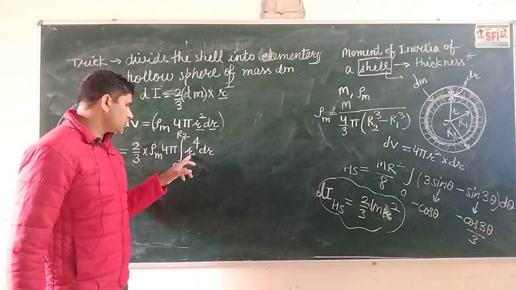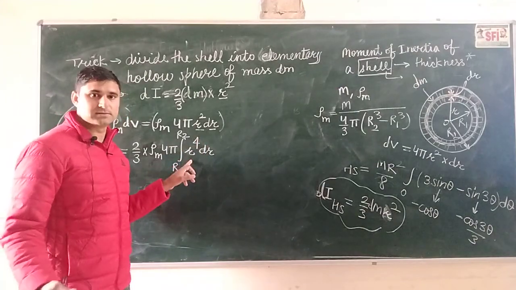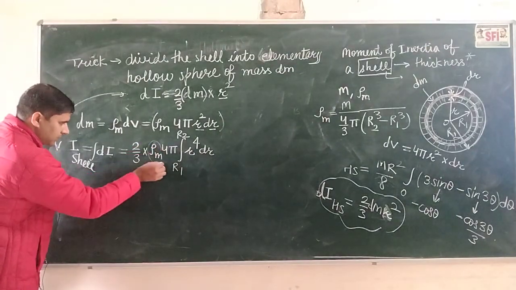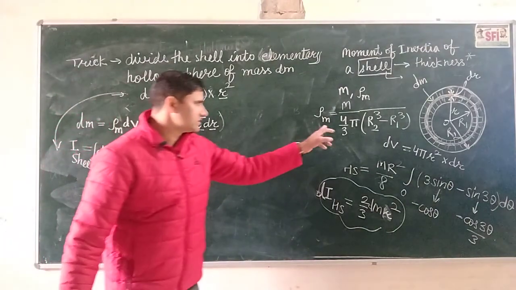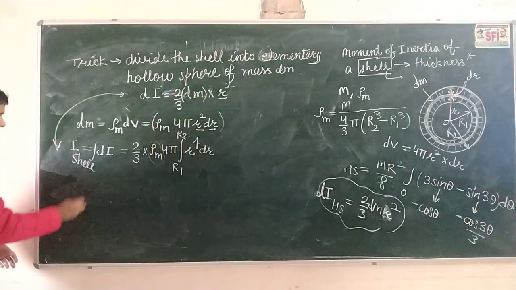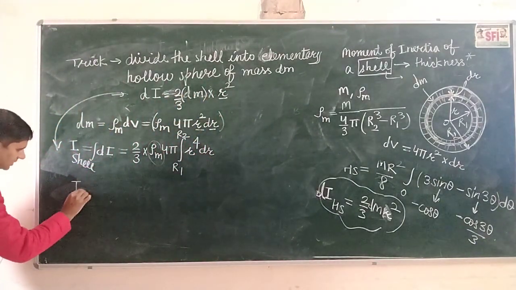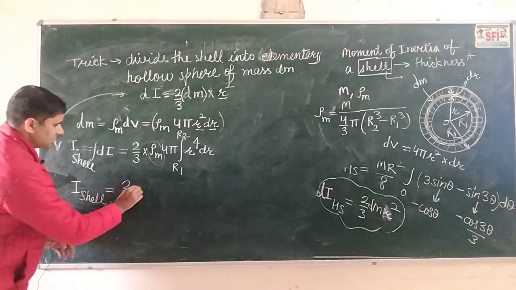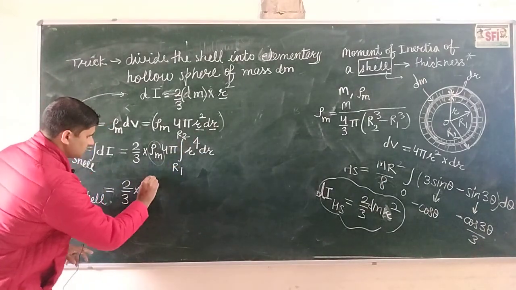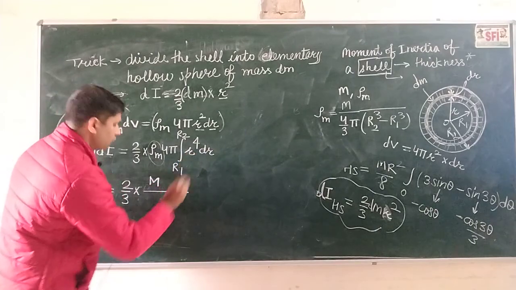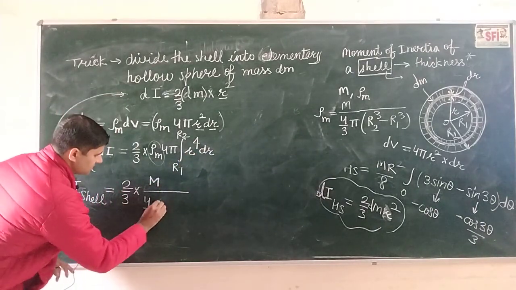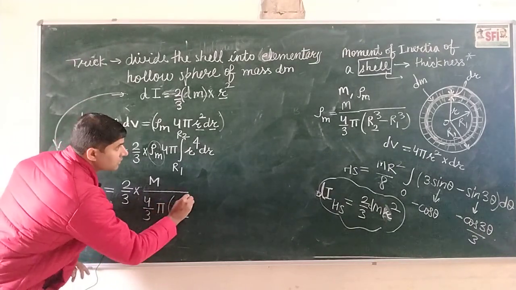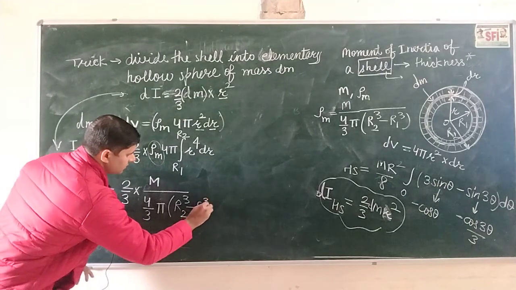So class, you know the integration of r raised to power 4 is r raised to power 5 by 5. You are to substitute the value of rho m, the mass density, which is given here, and simplify it. Then you will get the moment of inertia of the shell, equal to 2 by 3 into the mass density, that is the total mass of the shell divided by the volume in which mass is dispersed, that is 4 by 3 pi into r2 cube minus r1 cube.